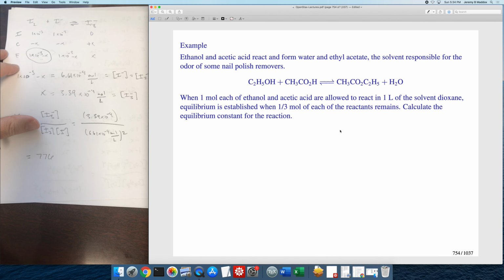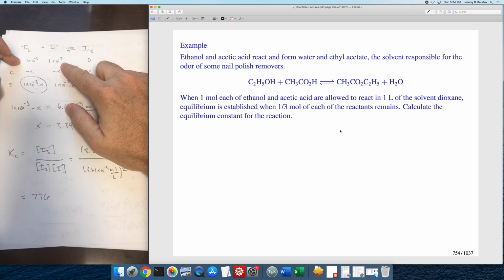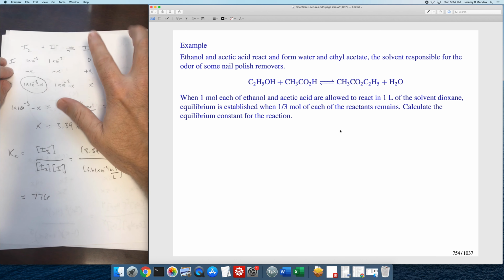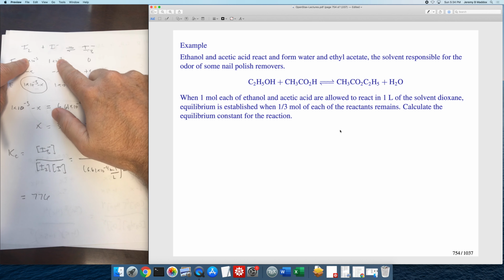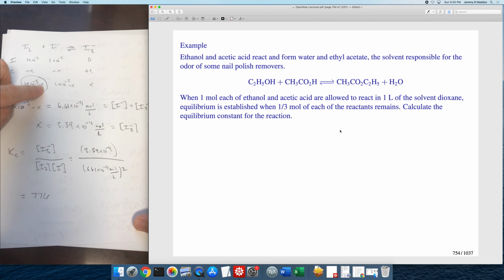Well, this is very similar to the problem that we've just done. The difference is that the concentrations initially, so it's actually just 2 reactants. There are 2 products though. 1, 1, and then you'd have 0 and 0. Stoichiometry is all 1 to 1. And then what they're saying is that the equilibrium amount of the 2 reactants is 1/3.